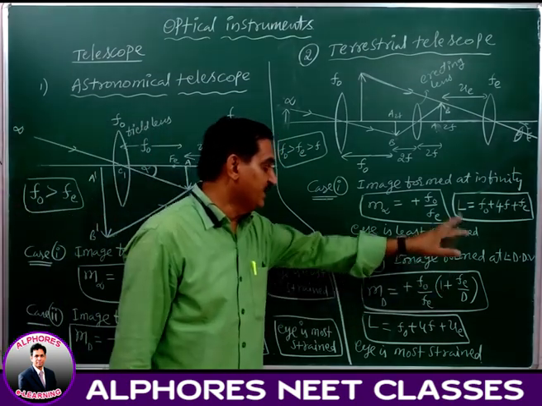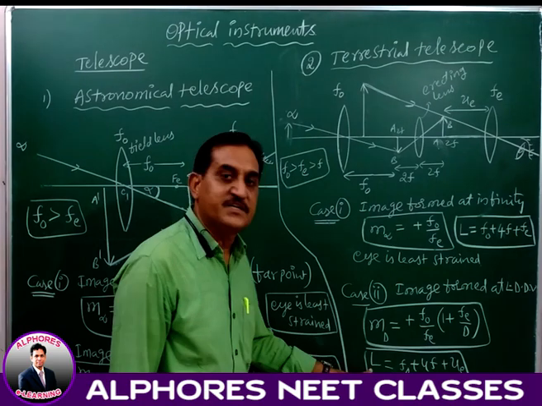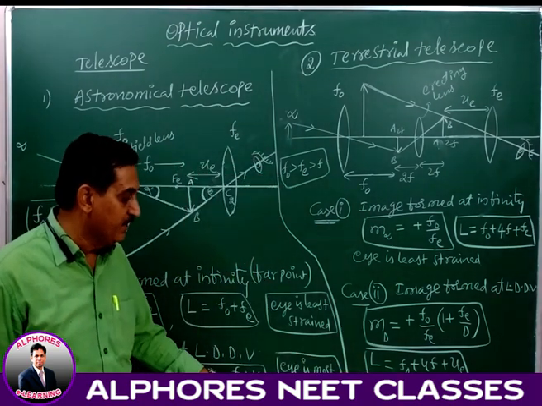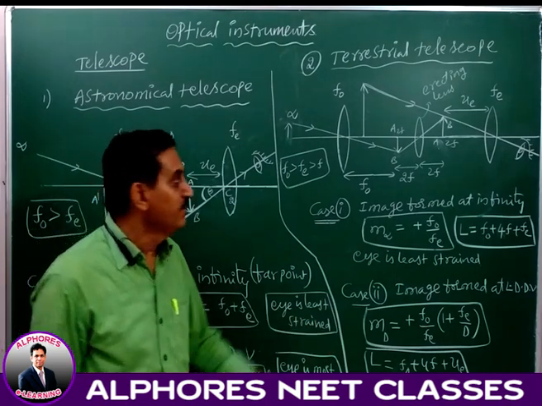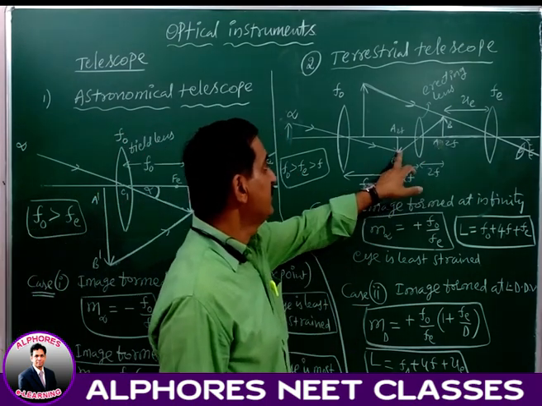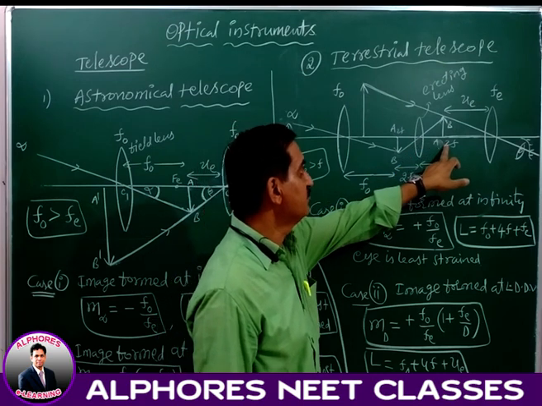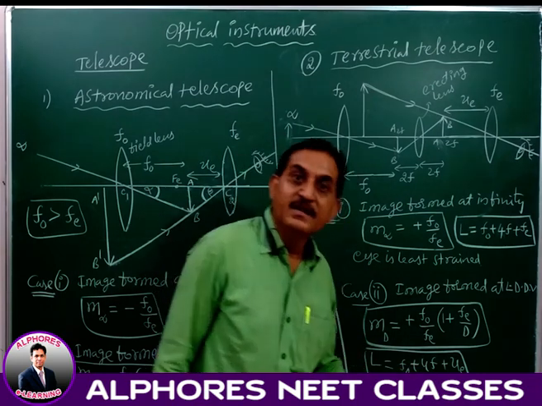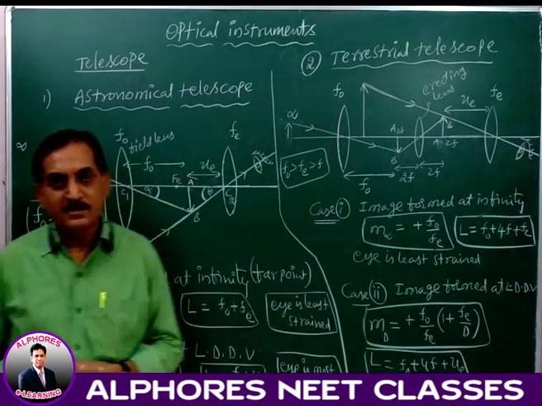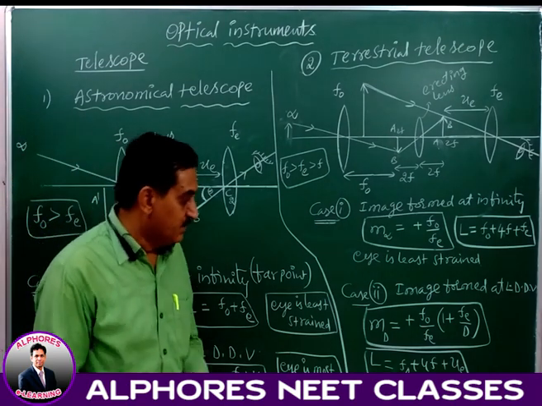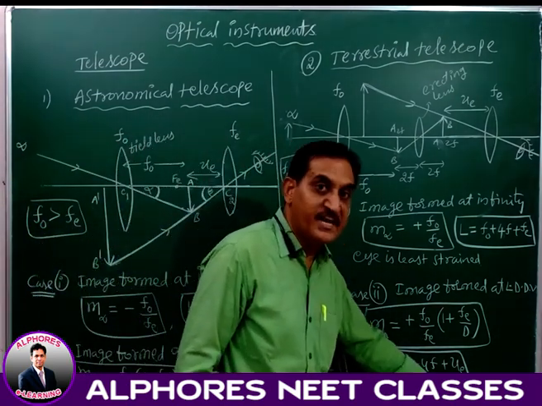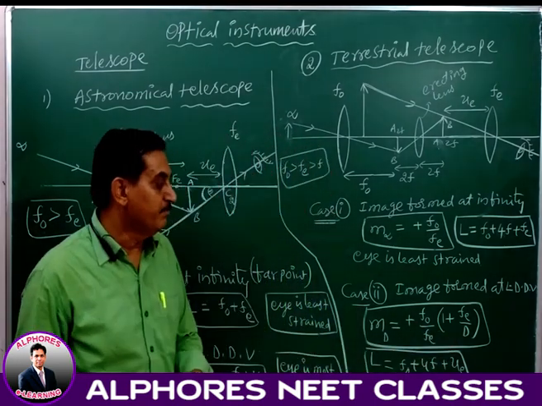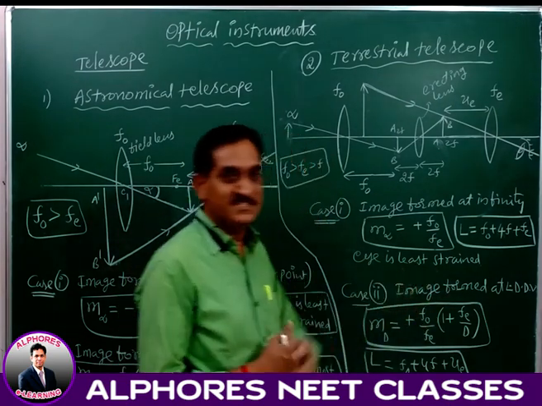In this case, the length of the telescope is very simple: f naught plus Fe plus 4f, which will add up due to the erecting lens. From here to here 2f, from here to here 2f. As a whole, 4f is added over here, that is giving the length of the telescope whenever the image is formed at LDDV. Now the eye is most strained in this case because magnification is maximum. Magnifying power is maximum in this case.